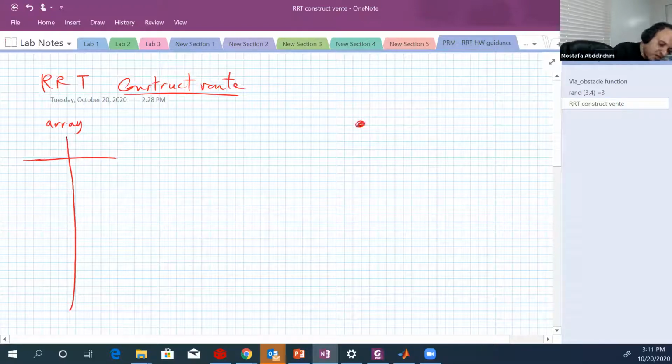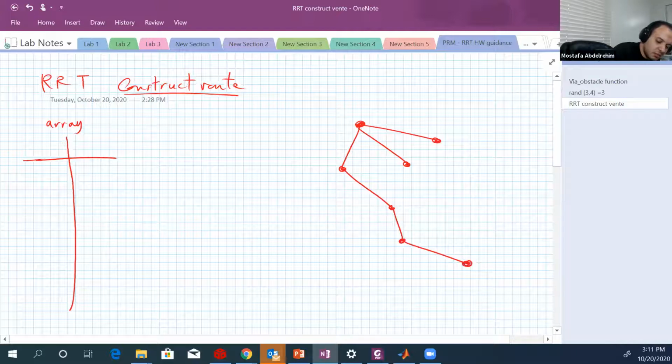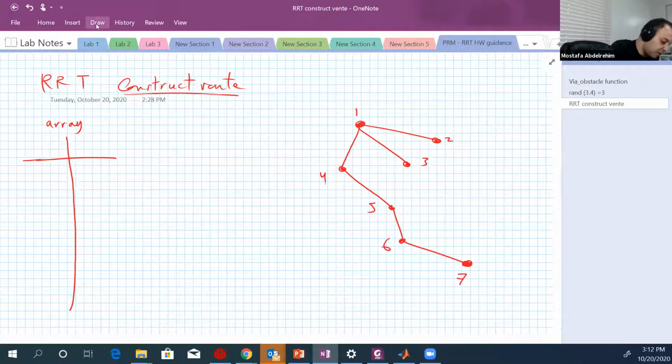Let's have some tree with nodes 1, 2, 3, 4, 5, 6, and 7, and let's assume that this is the start and this is the goal.